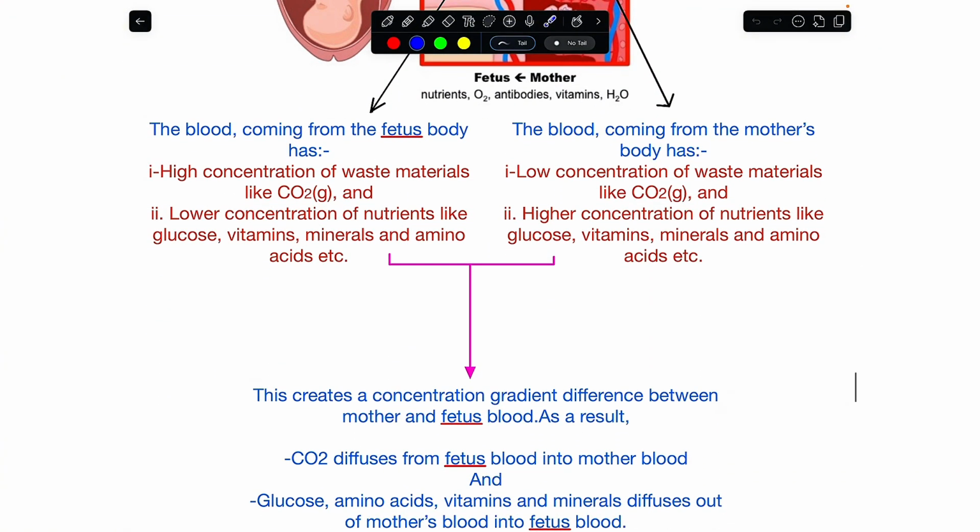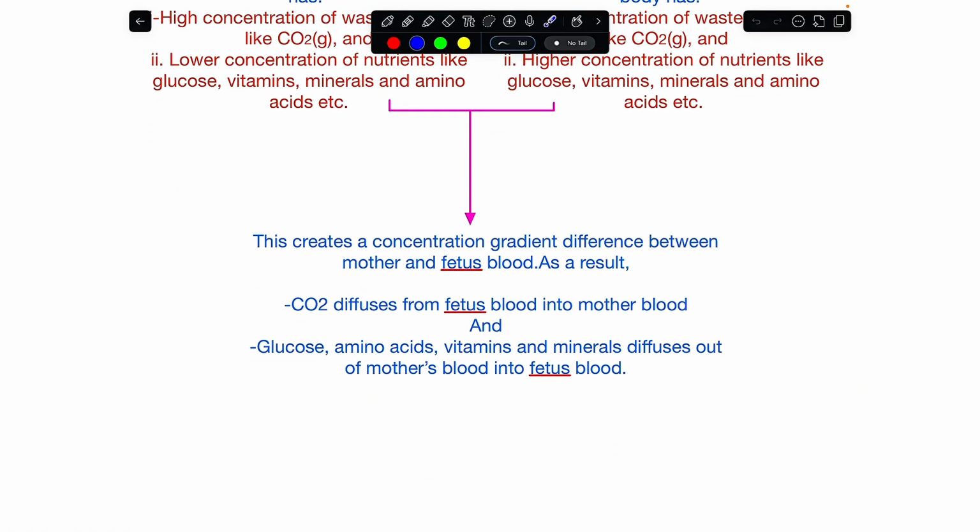As a consequence, a concentration gradient difference is created between the mother's and the fetus blood. The CO2 and other waste materials diffuse from the fetus blood into the mother's blood. On the other hand, the glucose, amino acids, vitamins, and minerals, being present in higher concentration in the mother's blood, get into the fetus blood. The blood would be returned to the fetus with the help of the umbilical vein, and that would have all of these useful materials in it.